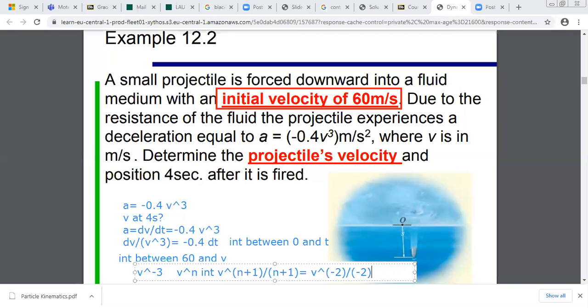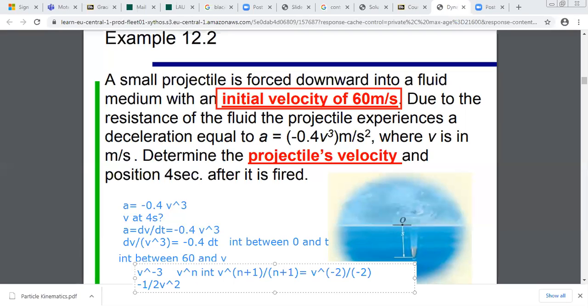Okay? So now I have integration, and my integral is between 60 and v. v to the power minus 2 is 1 over v squared. So it's minus 1 over 2 v squared.